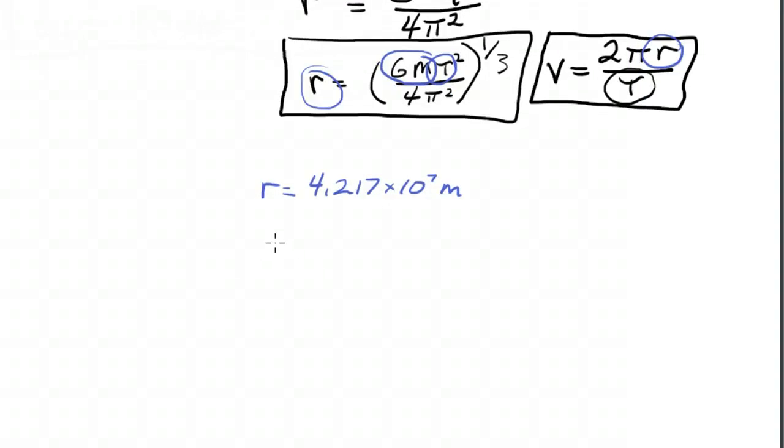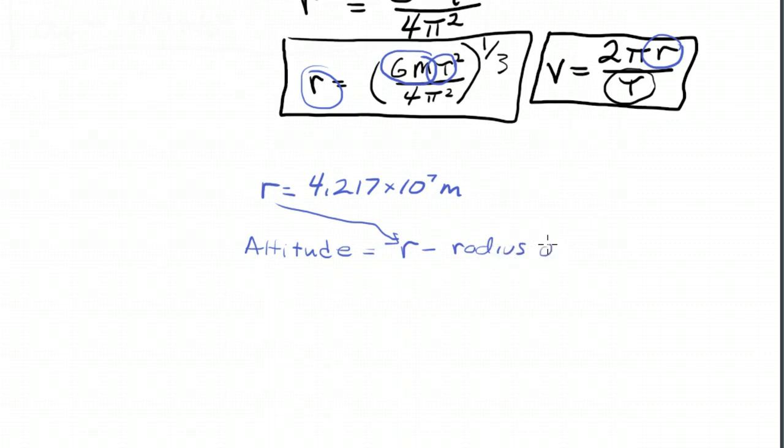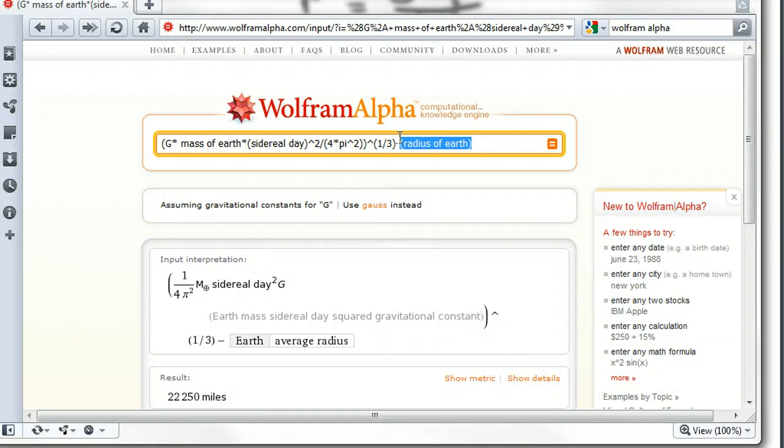So the altitude is equal to the r we've just calculated minus the radius of the Earth. Or you can go and look that up. I've added that into the Wolfram Alpha input, minus the radius of the Earth.